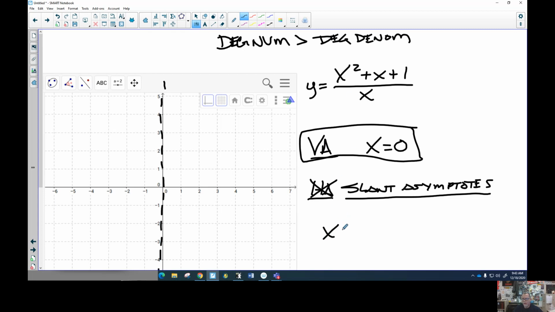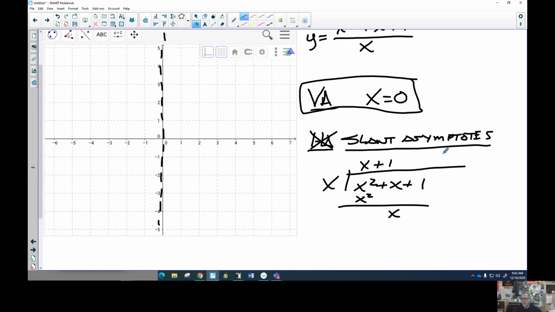If I divide x into x squared plus x plus 1, I would get x, which would give me x squared. Subtract, I get 0, bring down the x. That would give me a positive 1, which then I would have, let's see, 1 times x would be x.